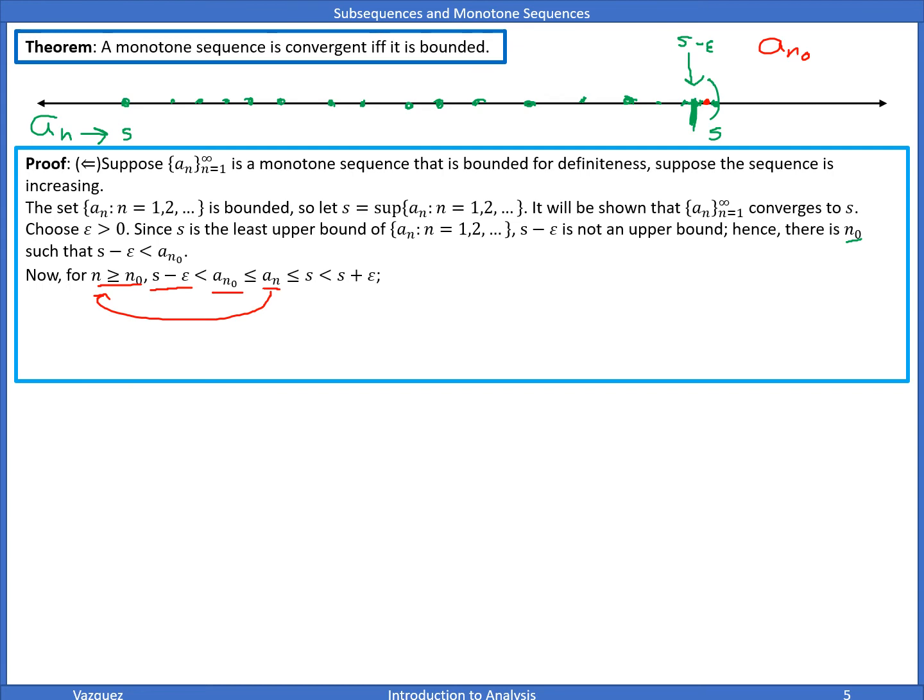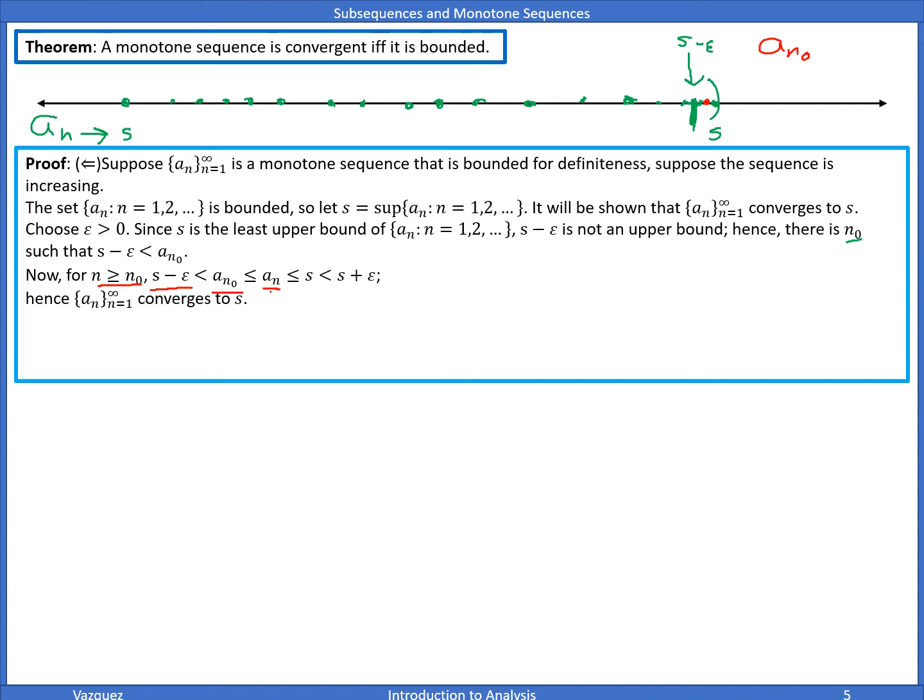And that is less than or equal to s, because s is our upper bound, which is obviously less than s plus epsilon. Right? So, I should probably delete this. But that means that a sub n therefore converges to s.